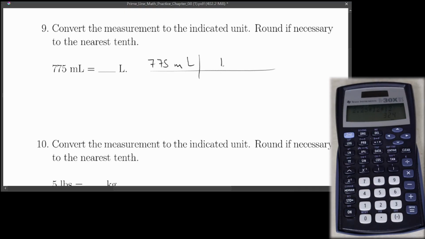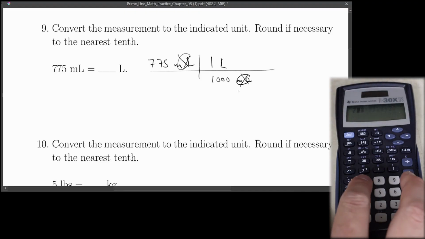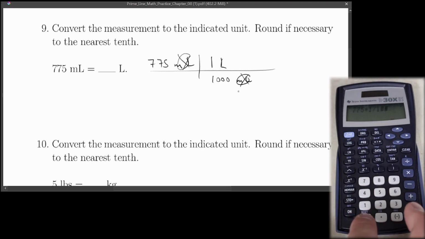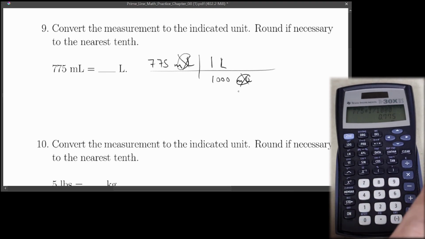So 1 liter is 1,000 milliliters. So we can cancel off the milliliters, and we can take 775 times 1 divided by 1,000, and we get 0.775 liters.